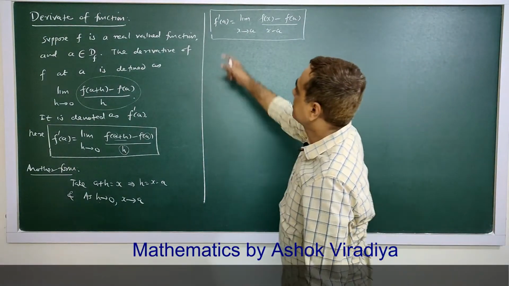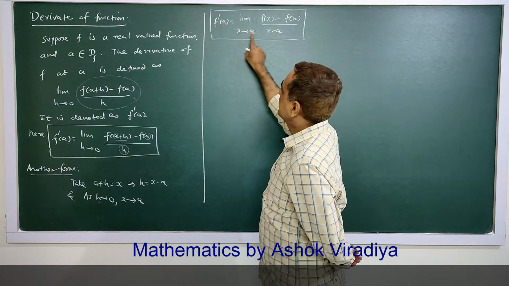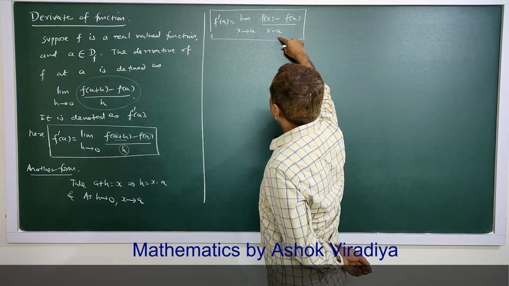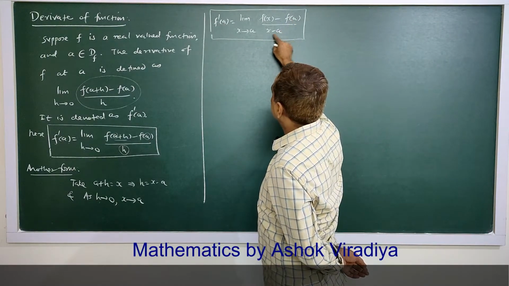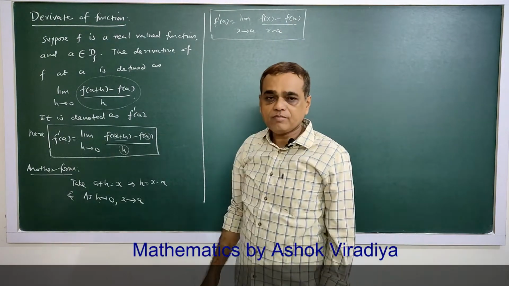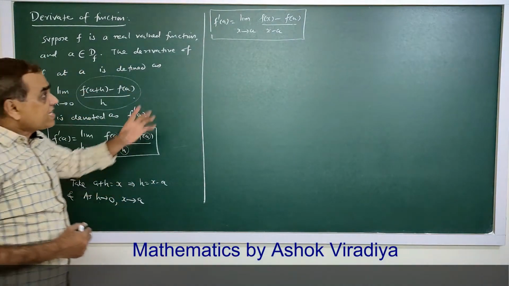a is any number belonging to the domain of f. If you put b here, keep b everywhere. If you keep c here, put c everywhere. Here x is a variable.